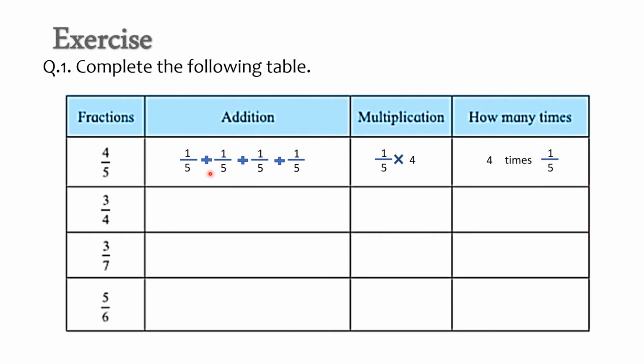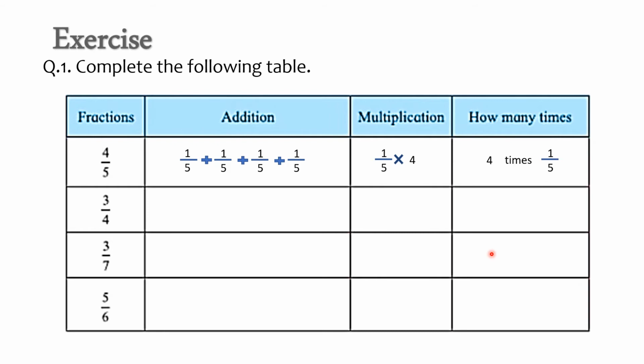As we have added it 4 times, in multiplication form we will write 1 upon 5 into 4, and as 4 times we have added, we will write here 4 times 1 upon 5. Let us solve the next example.